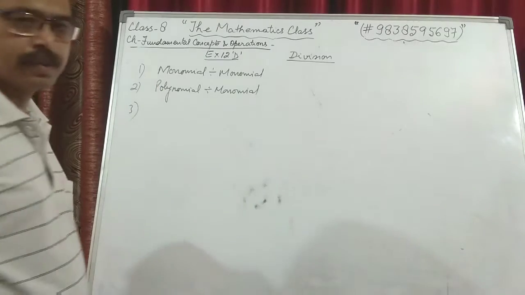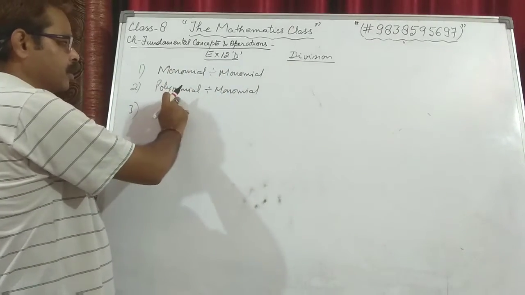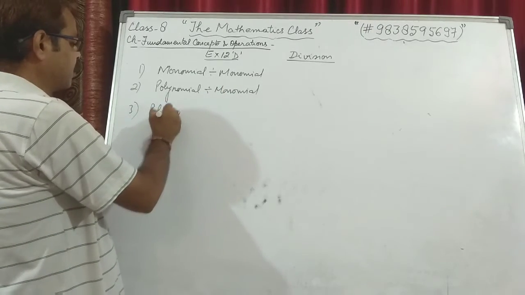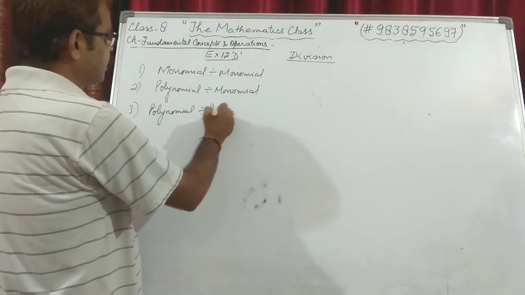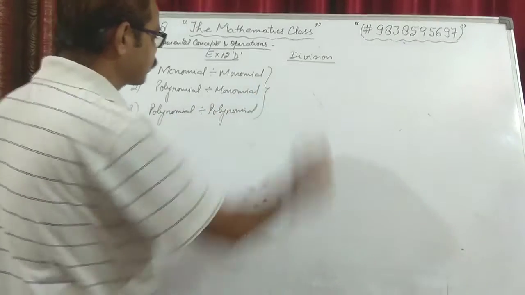Three types of questions you will be getting or have to solve: monomial divided by a monomial, polynomial divided by a monomial, or polynomial divided by a polynomial. So these three things you need to remember.